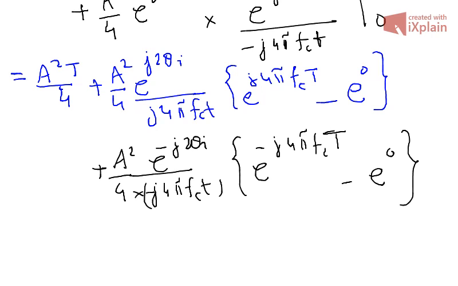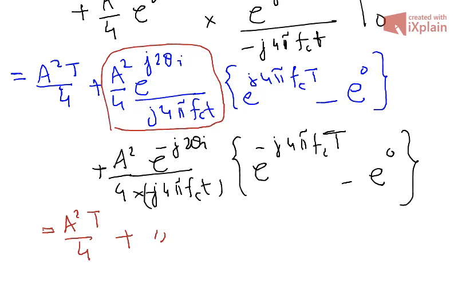Now what do we get? From here you can see that it is A squared T over 4 plus this term, this one. Let me give it a name, A. This is the A term, and then I have this one.